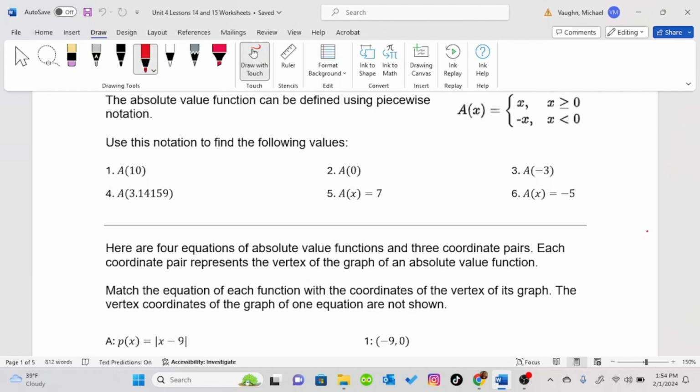So 10 is in parentheses, therefore 10 is our x value. 10 would fall under the greater than or equal to 0 rule. Therefore, the function equals x, and x is 10. So a of 10 equals 10.